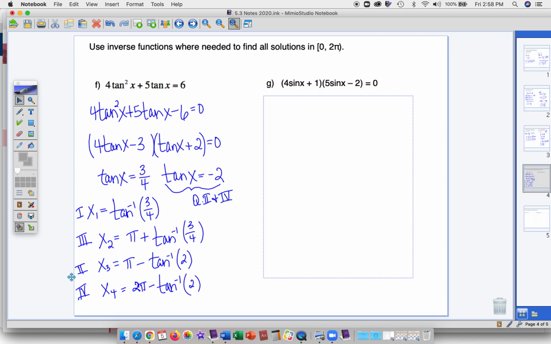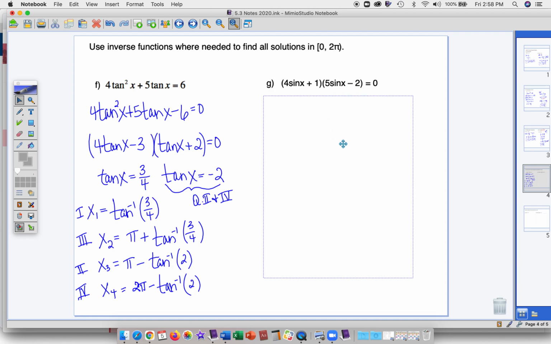To get the angle from quadrant 2, I'm going to take pi and subtract the reference angle. So again, think of the tangent inverse of 2 as the reference angle. The angle from the fourth quadrant, I'm going to subtract the reference angle from 2 pi. So it's 2 pi minus tangent inverse of 2. So there's an example of how you write out your solutions using inverse functions from 0 to 2 pi.